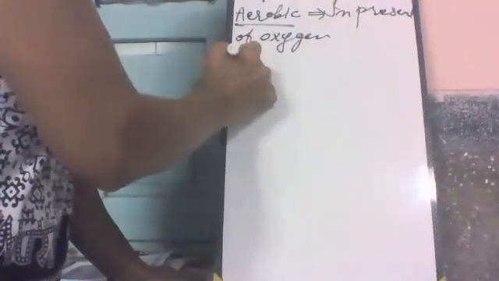Certain bacteria need oxygen to grow and survive. They are called aerobic bacteria. Some bacteria grow and survive in the absence of oxygen. They are called anaerobic bacteria.